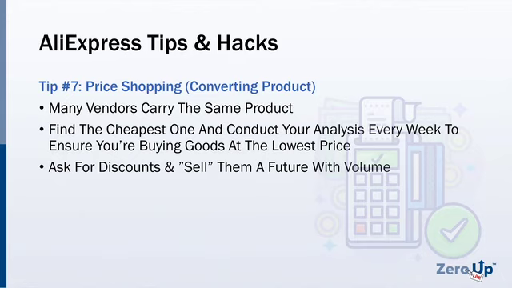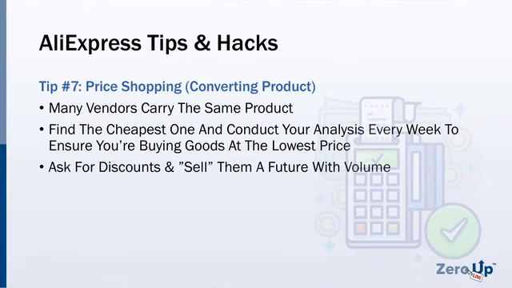So if you actually find a converting product that works, let's say you're selling 10 a day and it's been consistent for like a week or two, you can hit up your vendor and say, listen, I can actually sell 100 of these every single day, but I need you to give me some kind of discount or some kind of volume break so I can drive more sales for you, but at the same time, I obviously need to make more margins because I gotta afford more advertising and all those other things.